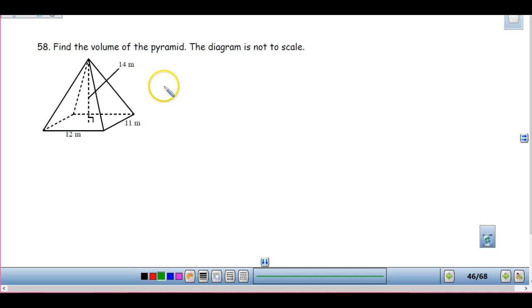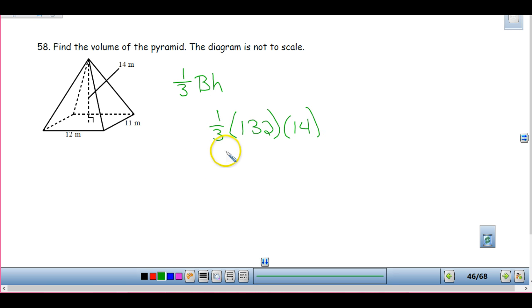Okay, volume of our pyramid, if we find that formula, it's going to be 1/3 times the area of the base times the height. Okay, remember we're talking height now, not slant height. So area of my base, 12 times 11 gives me 132. So we have 1/3 times 132 times our height is 14.